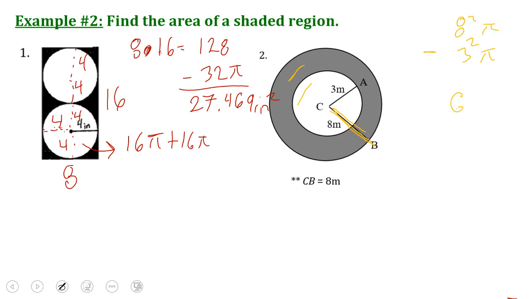So that's going to be 64 pi minus 9 pi, which is going to be 55 pi, which then is about 172.788 meters squared.